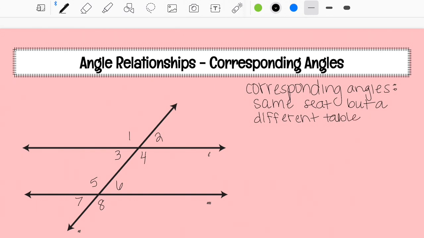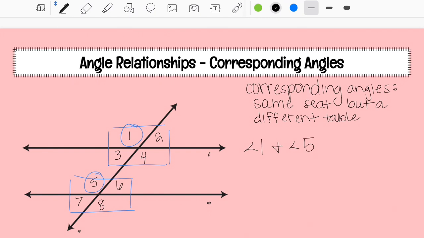For example, if we're thinking of this as kind of like a table of 4 and another table of 4, then angle 1 right here is sitting in the same seat as angle 5. So angle 1 and angle 5 are corresponding.